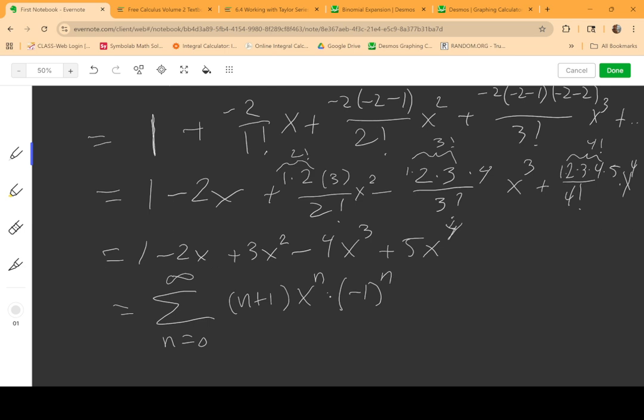When n is 0, you can mentally double check: this value is 1, x to the 0 is 1, and negative 1 to the 0 power is also 1. So multiply through, it's all just 1. When n is 1, now we get 2 to the first power, and then negative 1 to the odd power gives me that negative, and so on. So that's how we can apply the binomial expansion here.